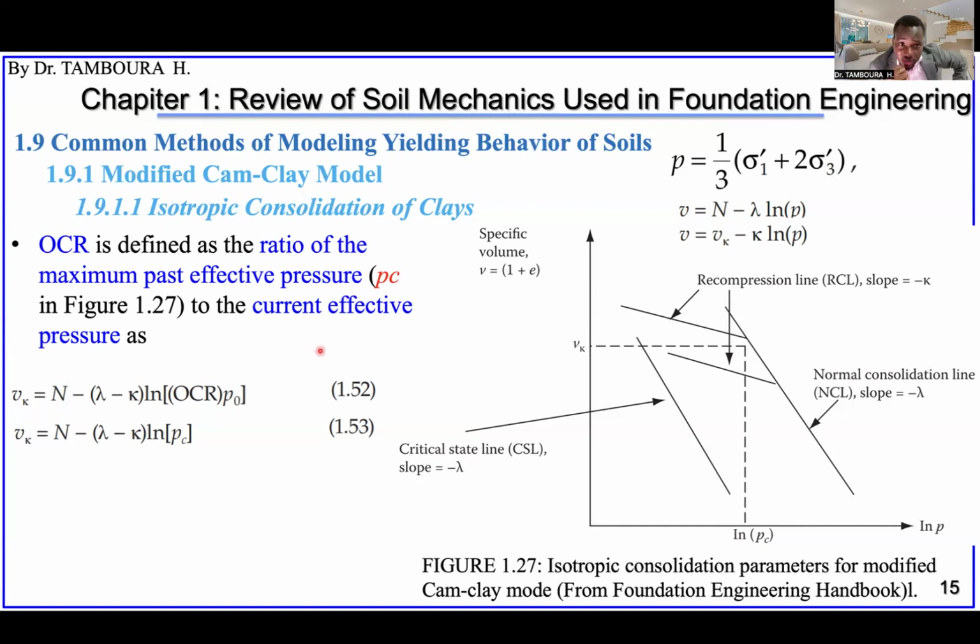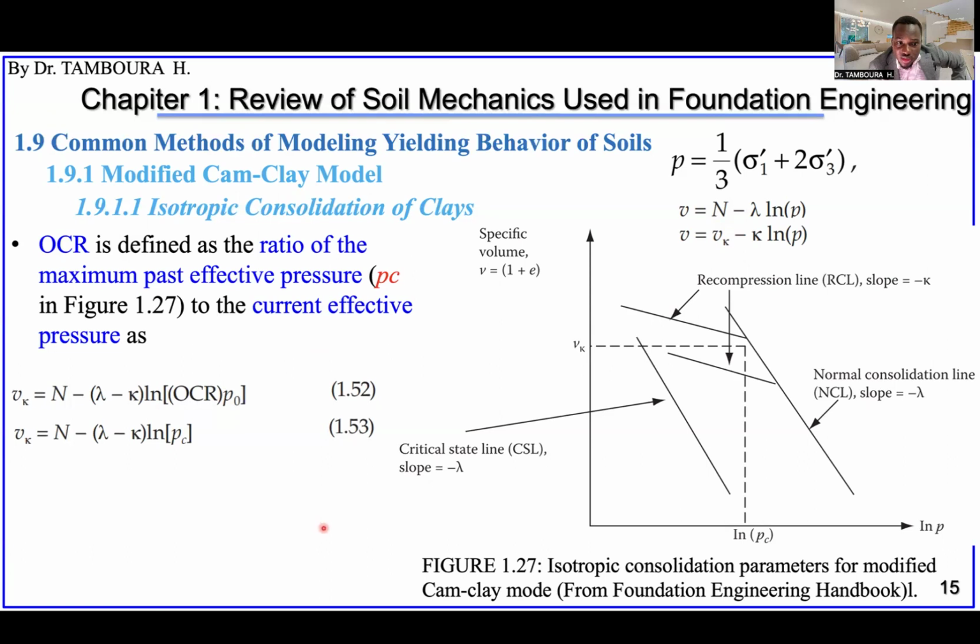The previous maximum load, PC, divided by the current load, P0, will give you the over consolidation ratio. It means that OCR equals PC divided by P0.